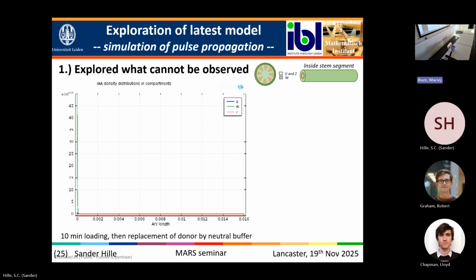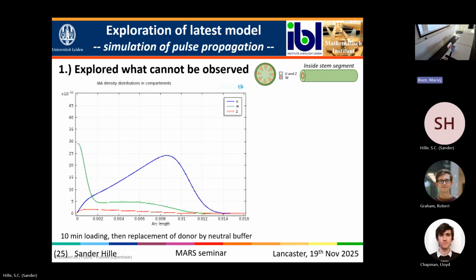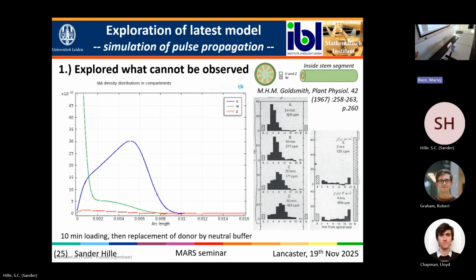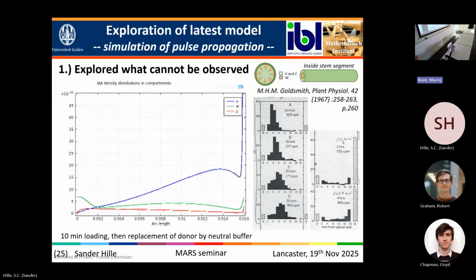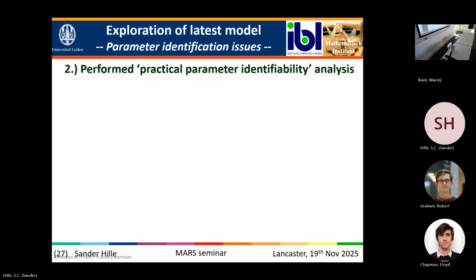And we started looking in the literature, and we were happy to find that already in 1967, Mary Goldsmith cut up various stem segments at different times and found similar type of profile behavior. And so, okay, that's confirmed that this was fine.